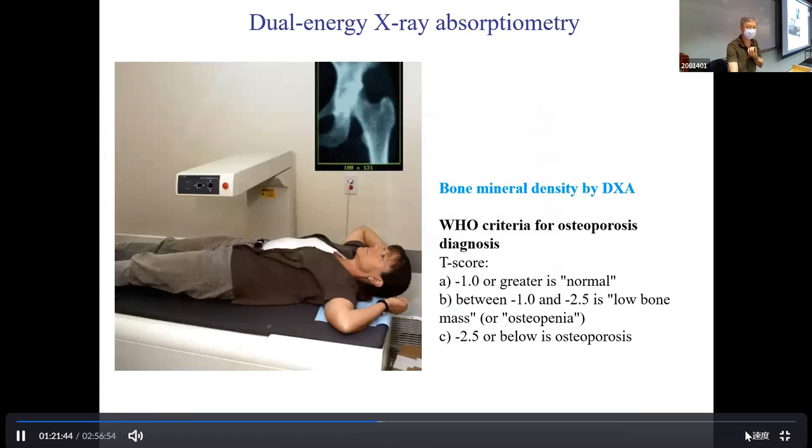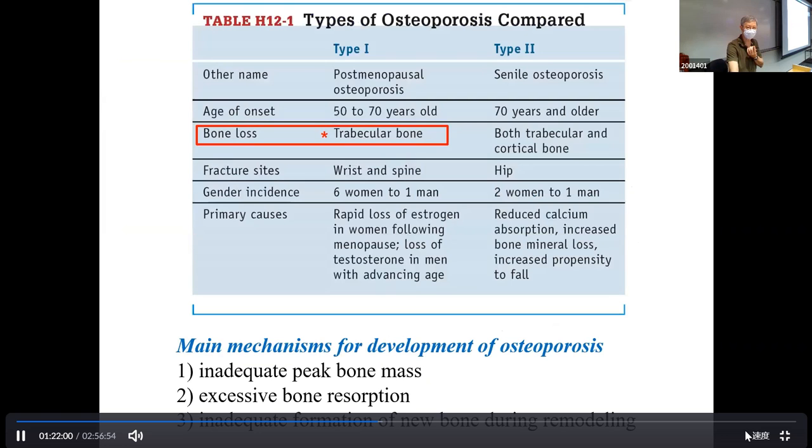And of course, the current method is the dual energy X-ray absorptiometry, which is called DEXA, to determine your bone mass. But the DEXA can also determine your other body composition as well. So in general, mostly it's type 1.